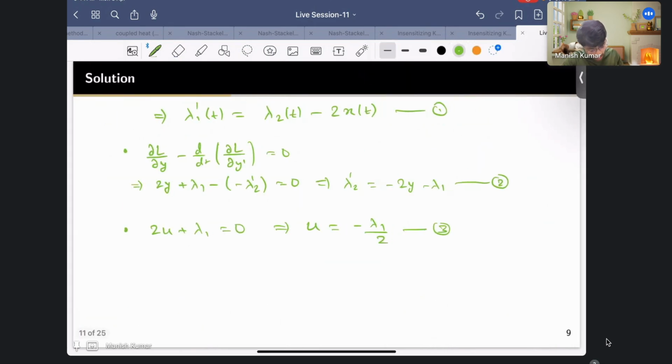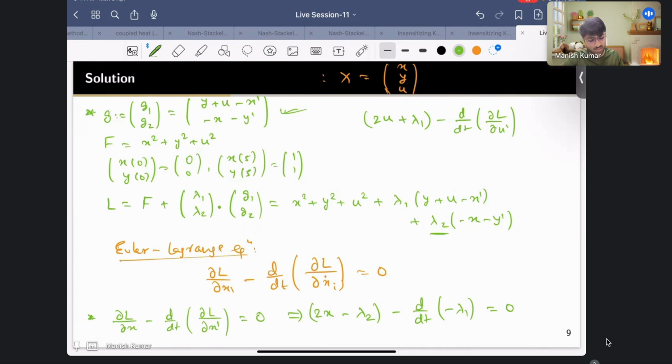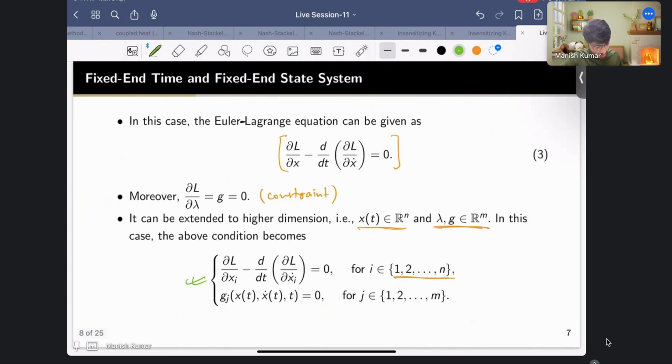So to get the optimal solution, we need to solve, so let us write the system. So first thing is we will have to write this, right? Or you can already see del L by del lambda, this condition, that each component will have to be equated to 0, which is the constraint.